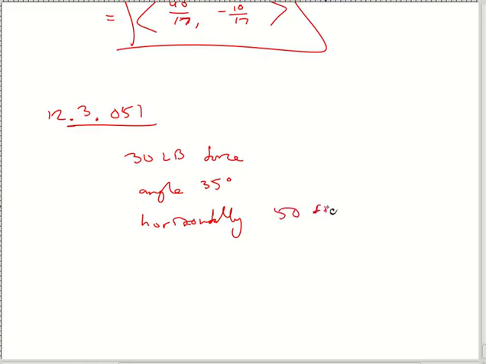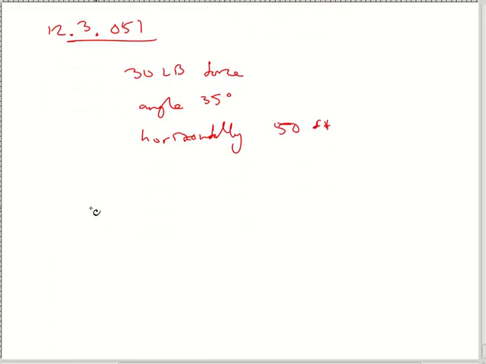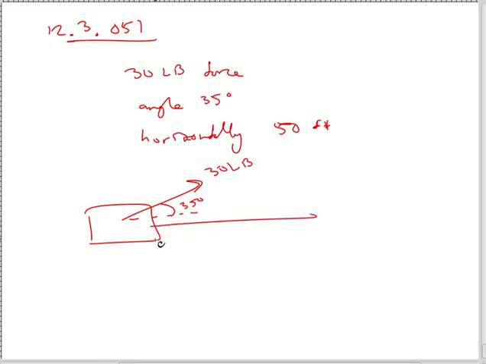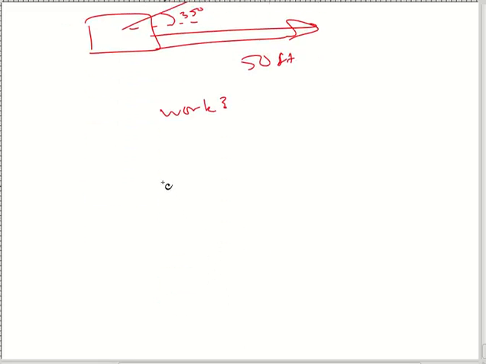I think it's like a box, or some kind of a sled or something like that. So what's going on is you got something being pulled at 35 degrees, and this is 30 pounds, and it's traveled 50 feet. And they're wanting to know, what is the work done on that?